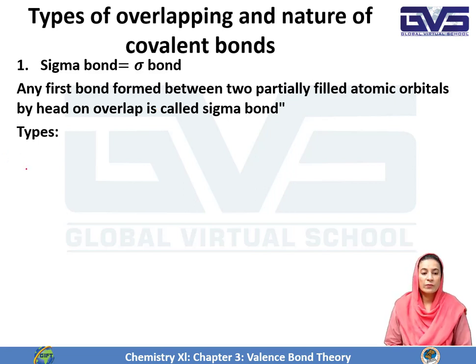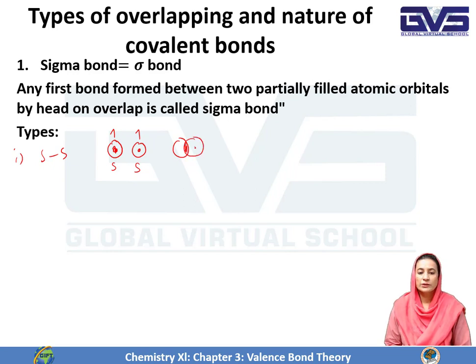First of all, the first type is s and s. How is it between s orbitals? Say you have an s orbital with one electron, and this is the nucleus. The other s orbital also has one electron. When they overlap, they overlap in this region, and their spins are paired.